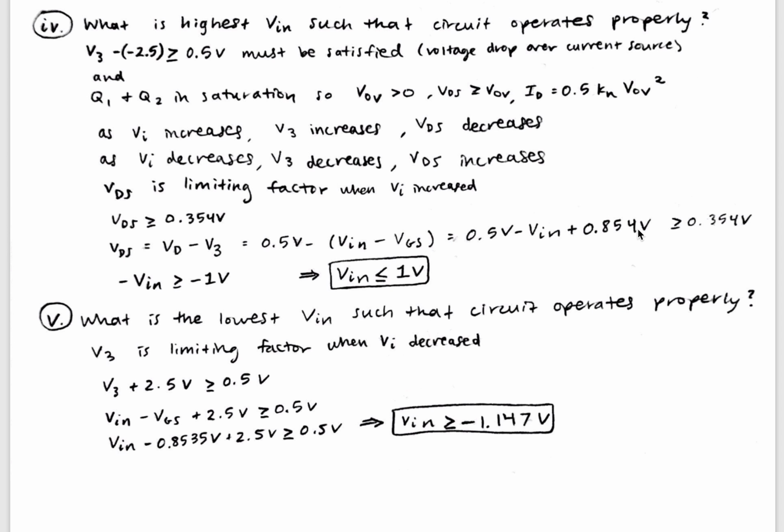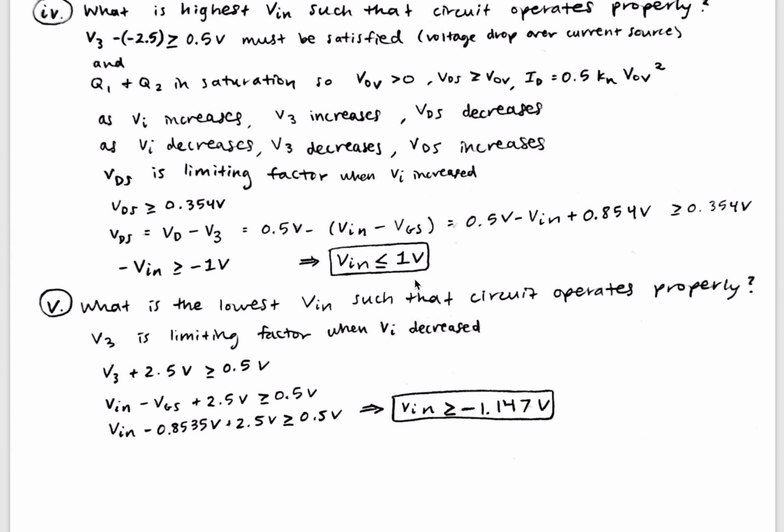So plugging that all in, we get this equation has to be greater than or equal to VOV, this 0.354 volts. And solving for Vn, we can see that Vn has to be less than or equal to 1 volt.